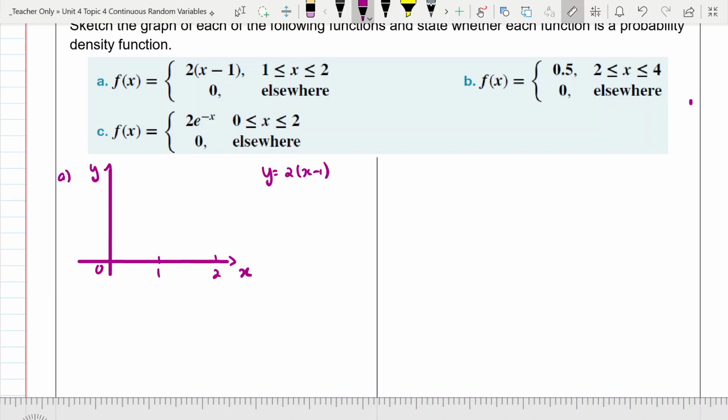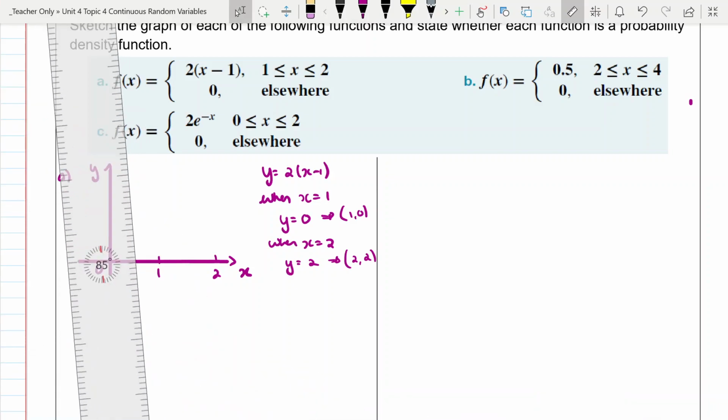In order to draw a straight line, we need 2 points, so when x equals 1, y is equal to 0, so we have a point there at 1 and 0, and when x equals 2, y equals 2, and we have a point there at 2 and 2.